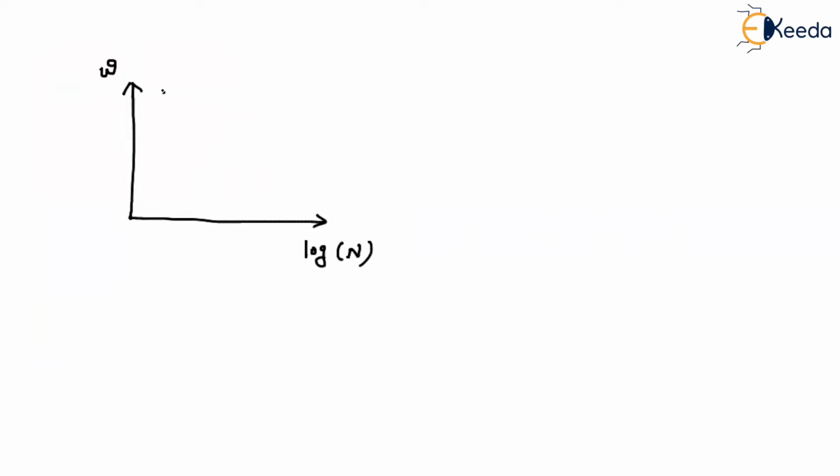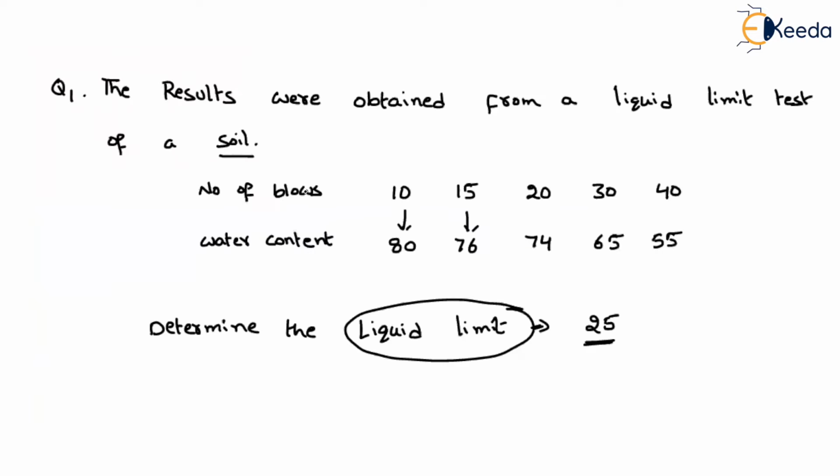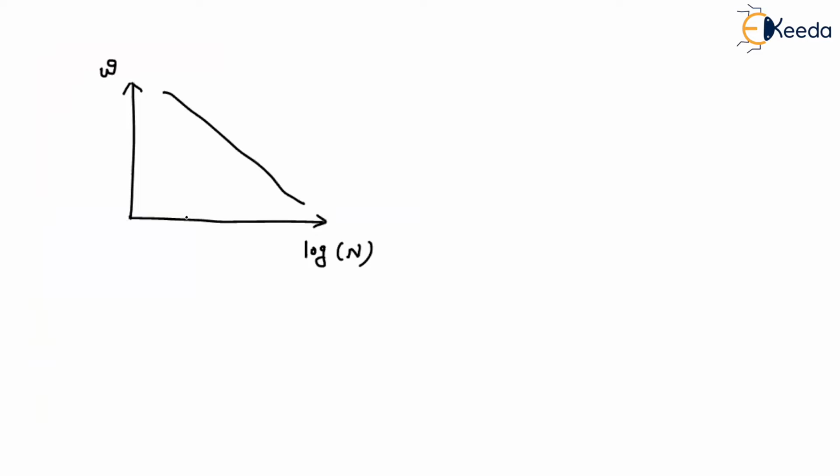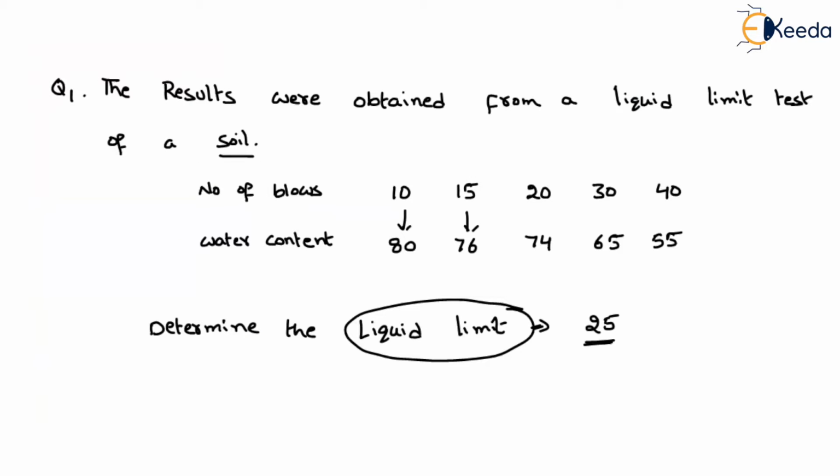So how will the graph look like? The graph will look like this. If you understand it, corresponding to 20, what is the water content? 74. So let us say the number of blows 20 is somewhere here, and corresponding to 20 the water content is 74.